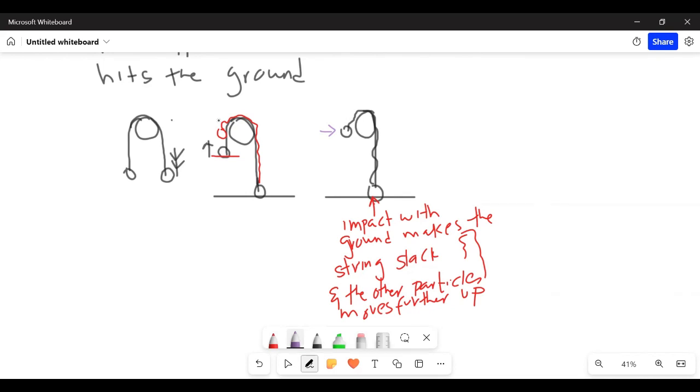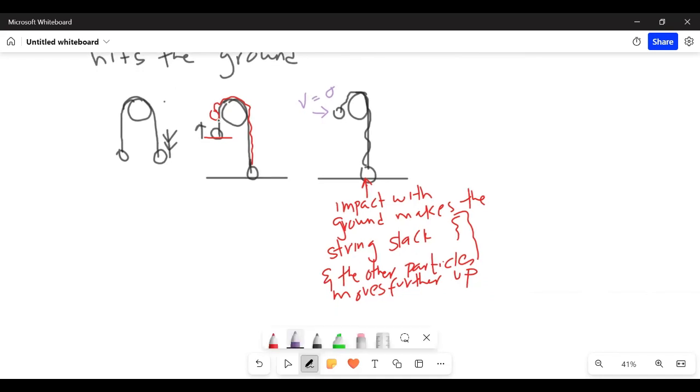Yes, 0. So using similar logic, the speed v is going to be 0. It moves further up till its velocity equals 0. So at the highest most point, the velocity of the particle is going to be 0.